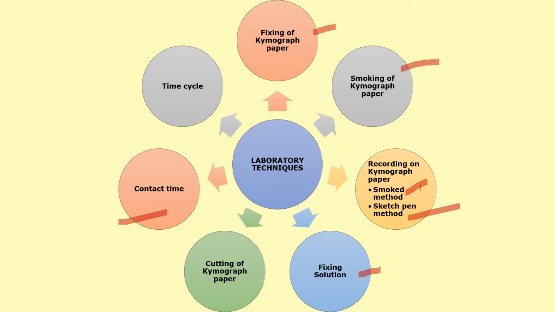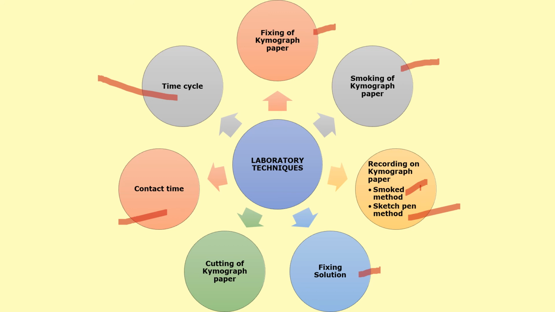Next one, that is time cycle. Whenever you are performing a practical on isolated tissue preparations, you have to follow a time cycle of 5 minutes. The distribution of this 5 minutes is: for the first 30 seconds you are going to record the baseline on the kymograph paper. Then for 90 seconds you will allow the drug to come in contact with the tissue.